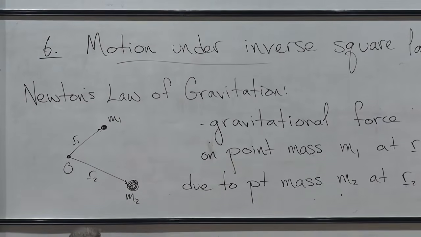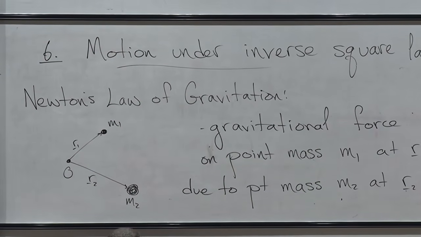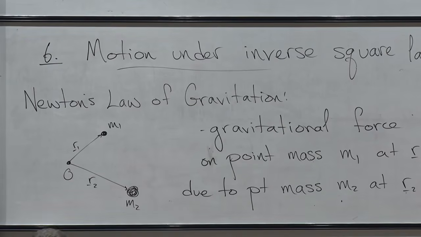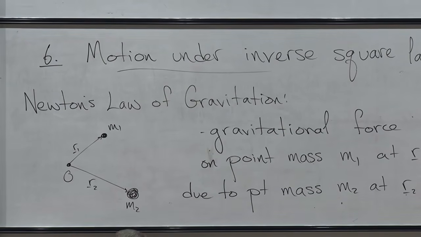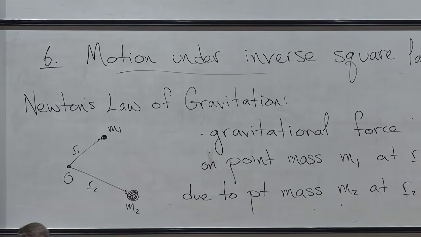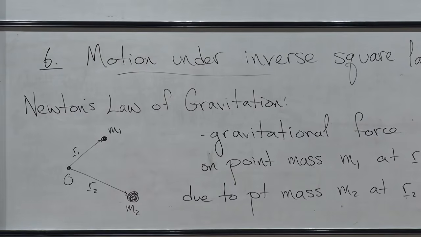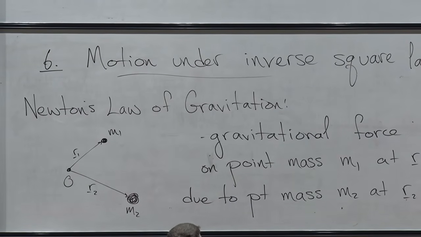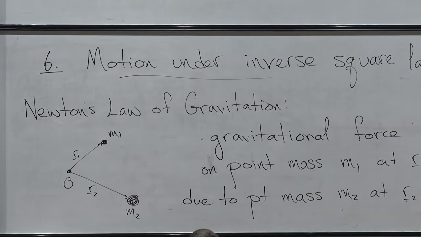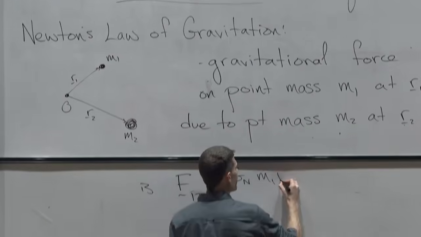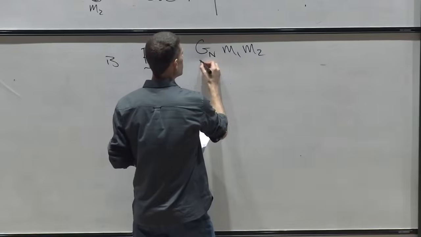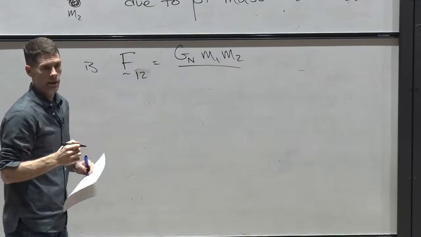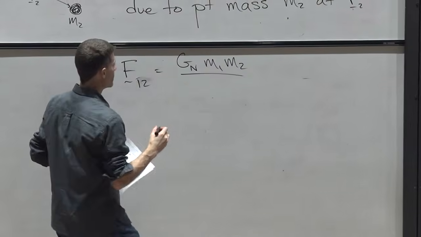Let's write it this way: F12, the force on 1 due to 2, is a constant called G, product of the masses m1, m2, divided by the distance between them squared.